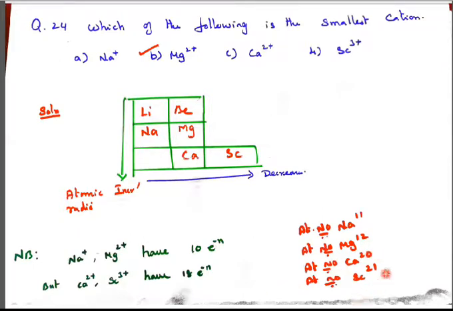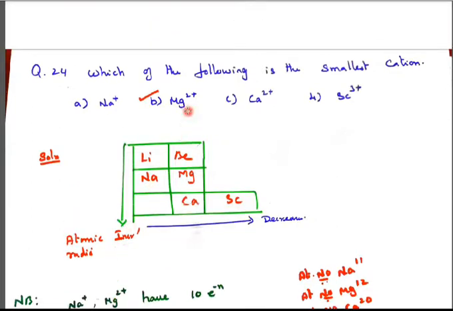Scandium atomic number is 21; the ion is scandium 3 plus, so after losing 3 electrons from 21, 18 electrons remain. So Ca2 plus and Sc3 plus ions have 18 electrons, while Na plus and Mg2 plus have only 10 electrons. Mg2 plus, having higher charge, drags the valence electrons very fast with more attraction, so it is smaller in size.